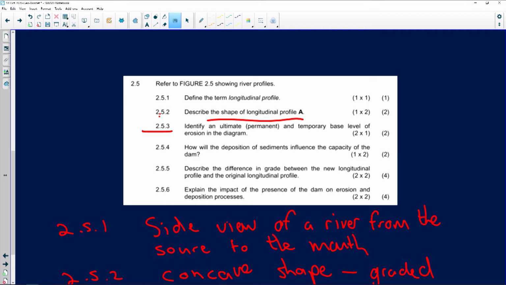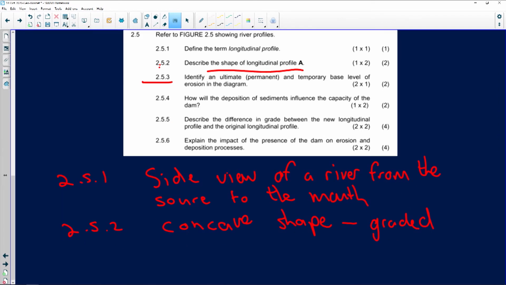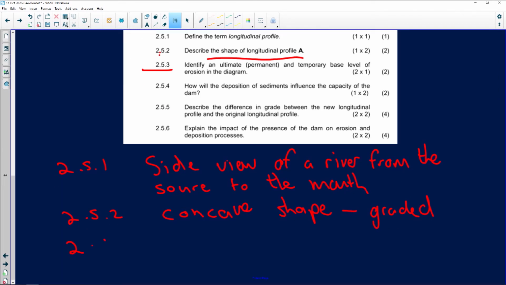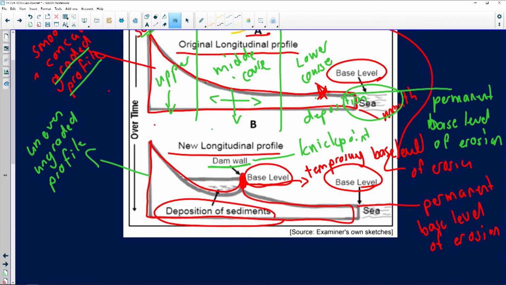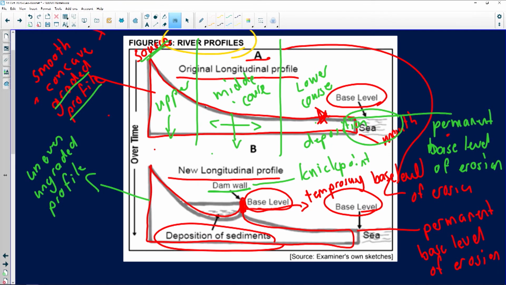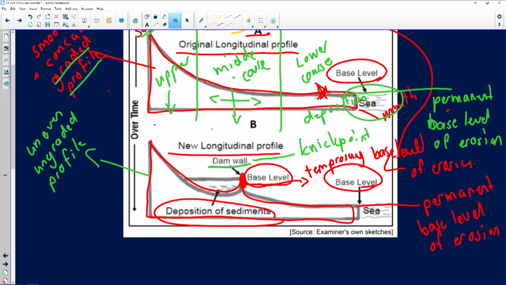Now, 2.5.3. Identify the ultimate, permanent, and temporary base level of erosion in the diagram. Okay, I love it because I've just explained it to you. So it's quite easy to go and find the answer. Now, as you can see, longitudinal profile A. Permanent is the ocean, the sea.